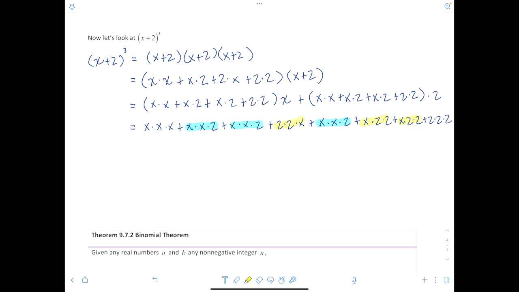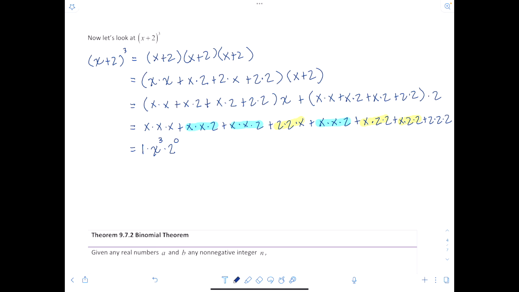So what ends up happening is this. We're looking for these coefficients here, right? And so if we look at the coefficient of the x cubed, that's going to be x cubed times 2 to the 0, because we want to include both a and b in here. The a being x, the b being 2.